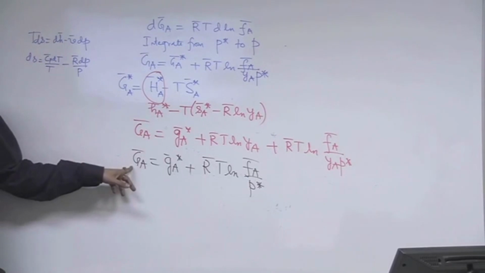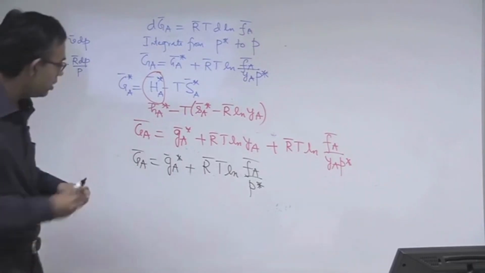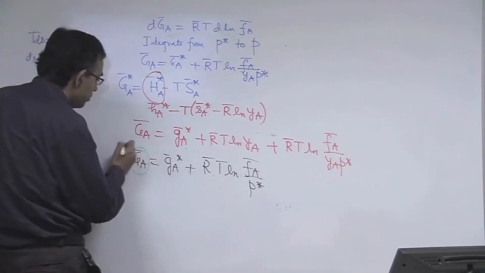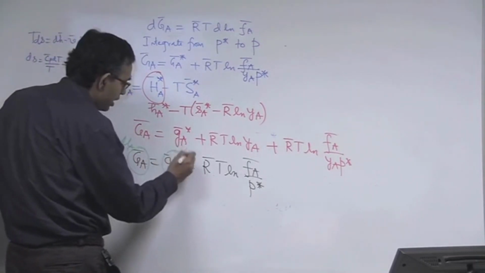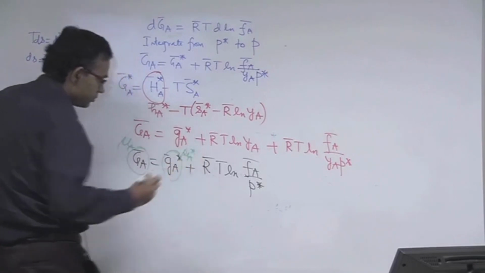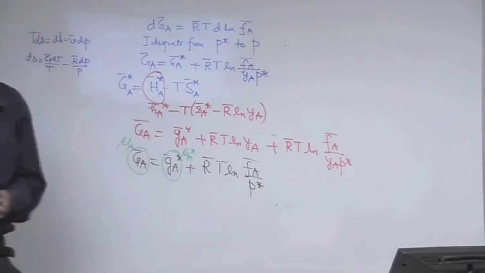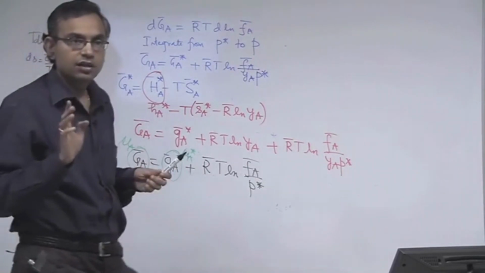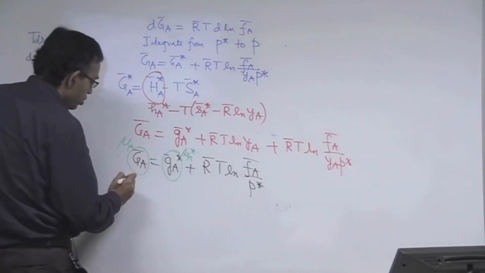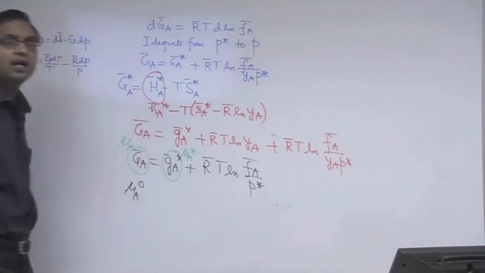Alternatively, in place of G bar A you can write mu A, the chemical potential of A, just a different way of writing the same thing. So I am writing alternative notations with the green color. This is mu A, this is mu A star. Now we refer to a state which is called the standard state. The standard state will be designated by the superscript 0, which is a reference state.